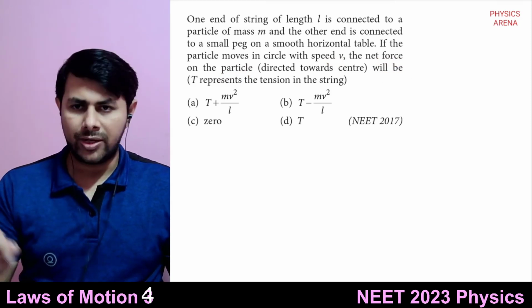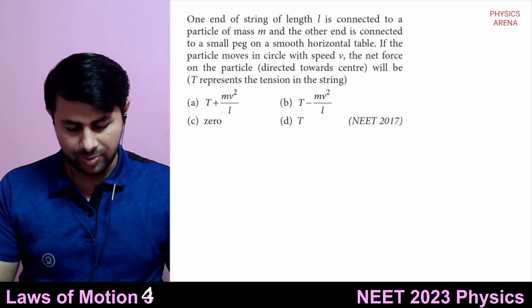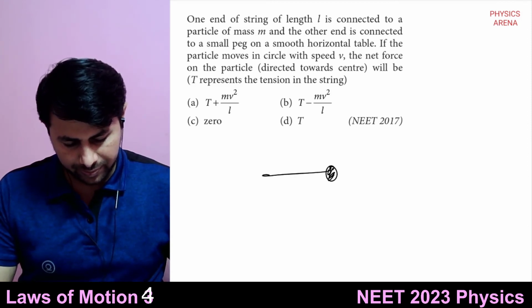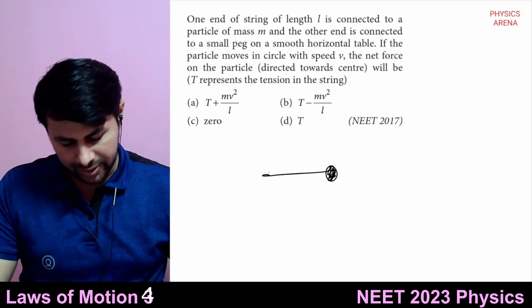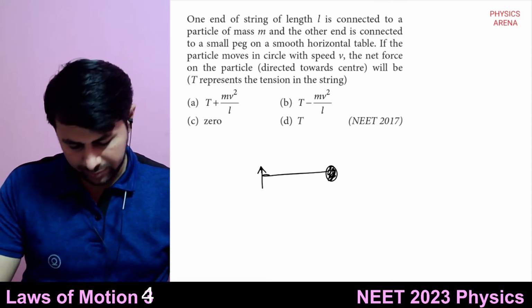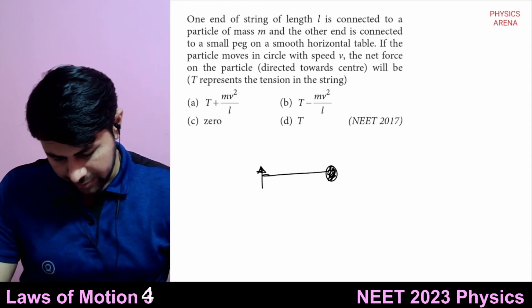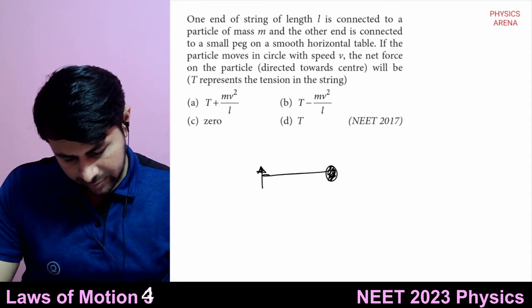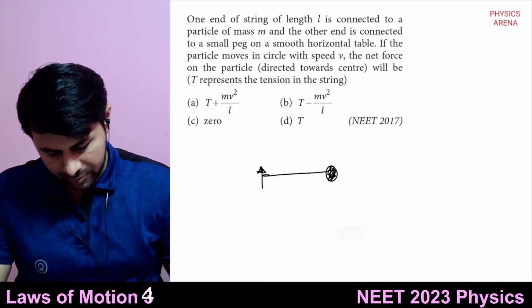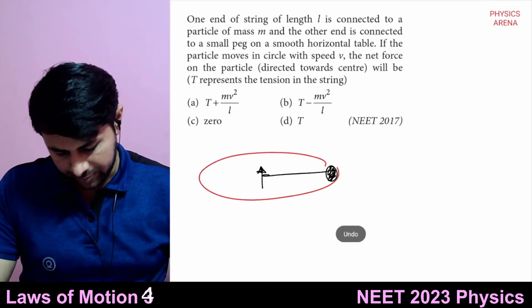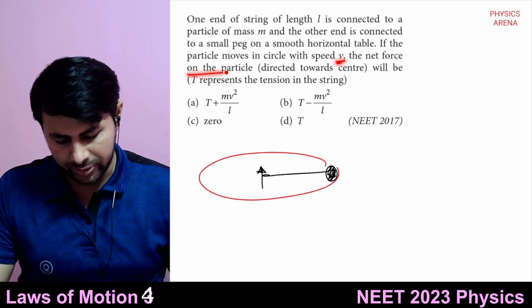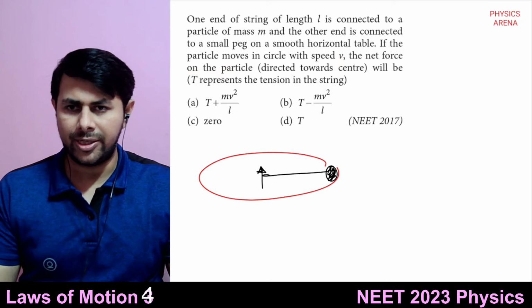The particle moves in a horizontal circle with speed v. What will be the net force on the particle?